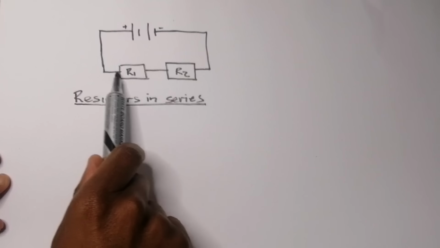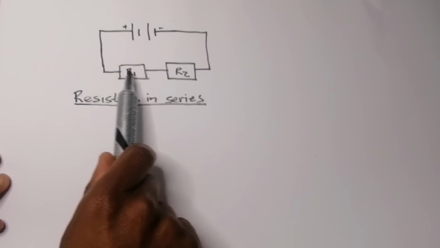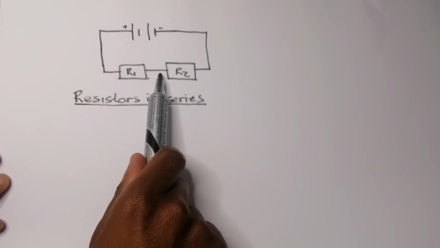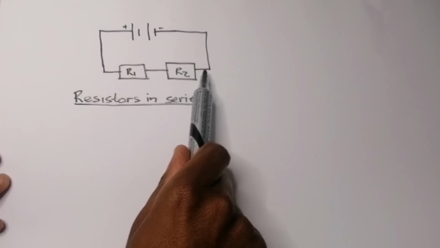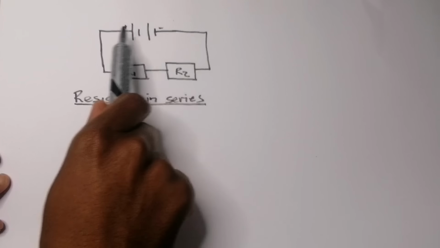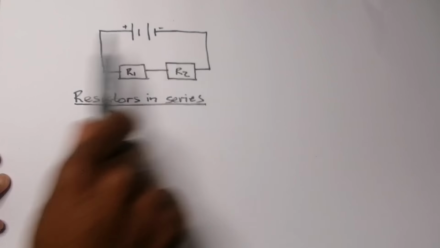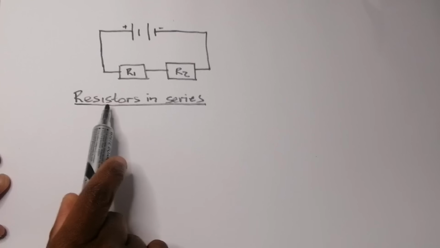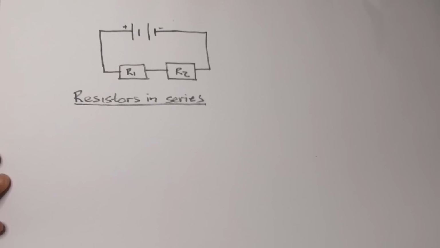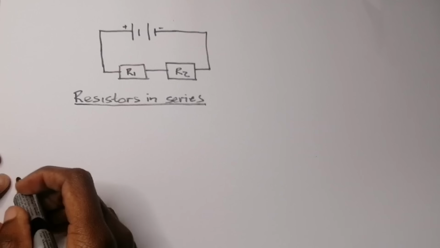So we've got a current flowing through resistor R1, and then the same current flows through resistor R2. So what we're simply saying is that these resistors are said to be in series, because the same current passes through them.